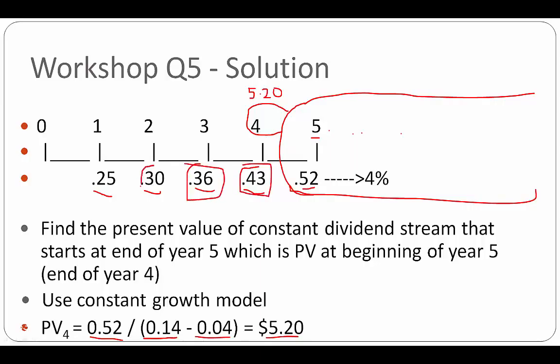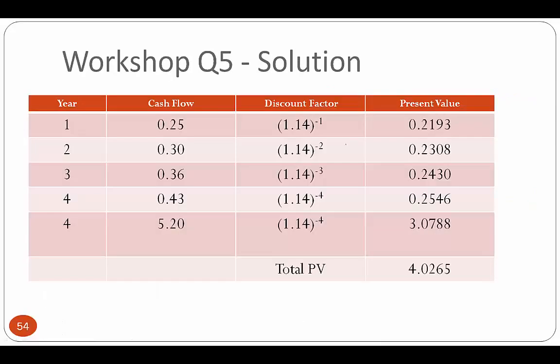Now we've got all the cash flows that we need to bring back to year 0. We've got these dividends, which we're going to take present values of individually. And also at year 4, we've got $5.20, which is the value of all the remaining dividends under constant growth of 4%.